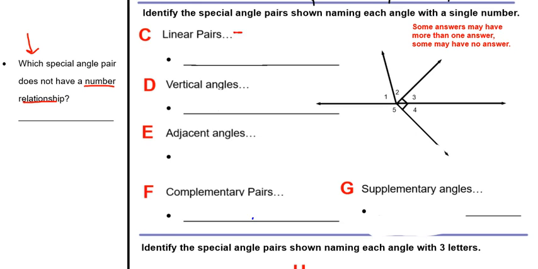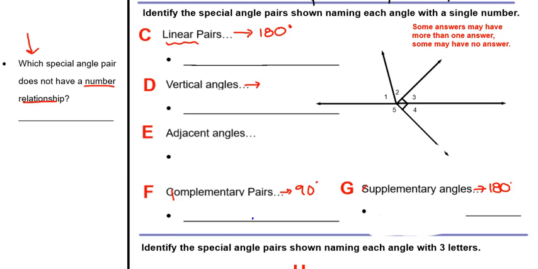And I do know that linear pairs, because they make a line, they have to add up to 180 degrees. And let's see, complementary, if we go down here, remember we turned that into a 9. Those have to be 90 degrees. Supplementary, remember we turned that S into an 8. That was 180 degrees. That leaves vertical and adjacent, and how are those guys related?